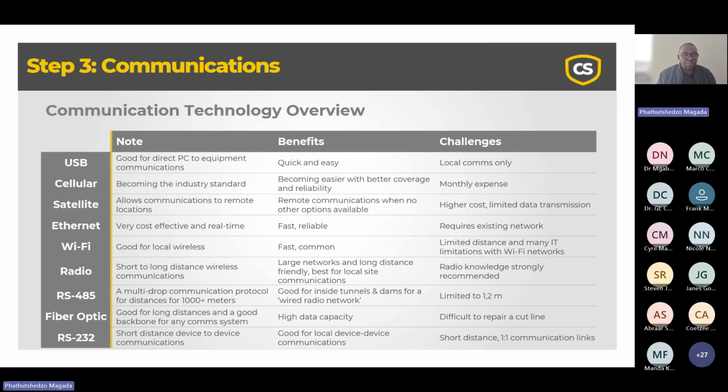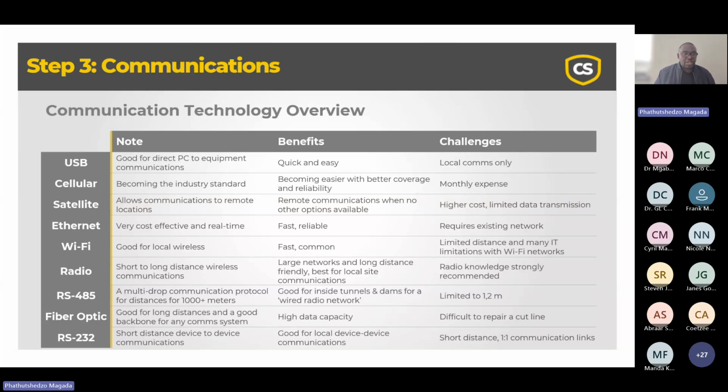Another common communication channel is internet. It is very cost effective, and it allows data to be presented in real time. If there is internet in the mine or the dam, then it can be integrated into the already available system. The disadvantage is that it requires an existing network.